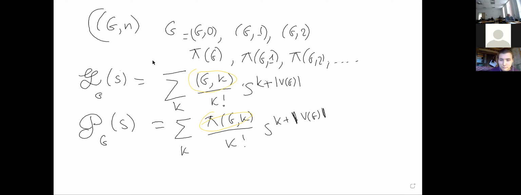So it's just a formal function whose coefficients are elements of our sequence. And here the sequence is a sequence of graphs G join K or its linear combinations, P of G join K.